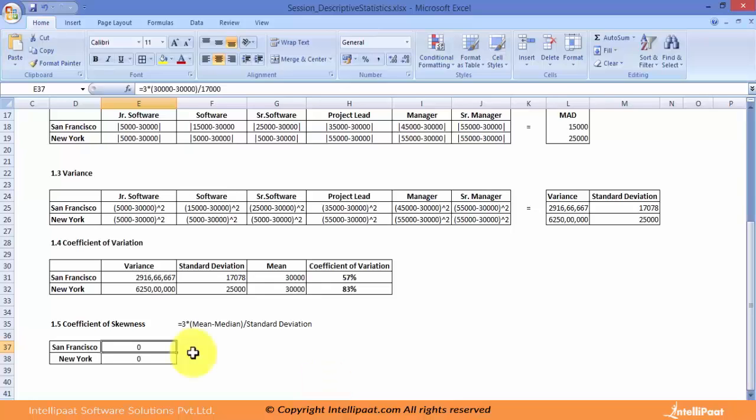Skewness is a property of the data where the mean and median are not equal, and the data is moving towards either the left or right side, which means the distribution is skewed. Skewed means it is not following a good distribution.